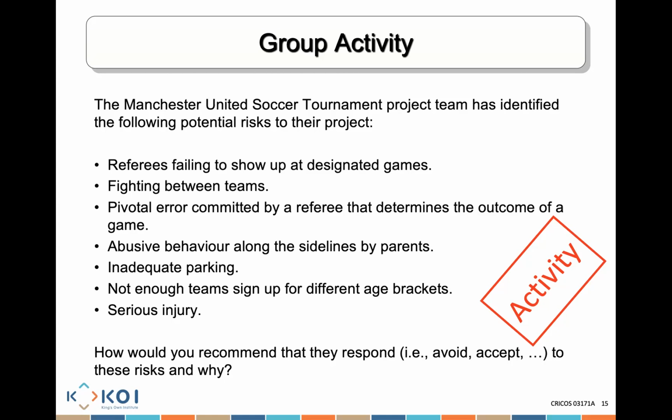Yep, backup referees. Most of these options would work. Usually mitigation is the main option, but you could also say, well, I want to transfer that risk to someone else. How do I do that? I'll outsource all refereeing to another company, and I'm not going to worry about it myself. So the best options would work, but mainly it's going to be mitigating if you are managing that risk yourself. Well done.